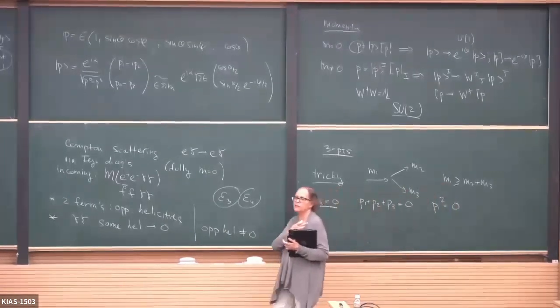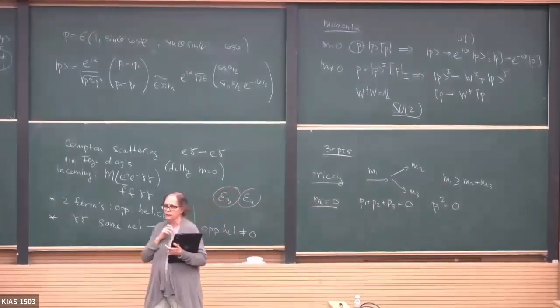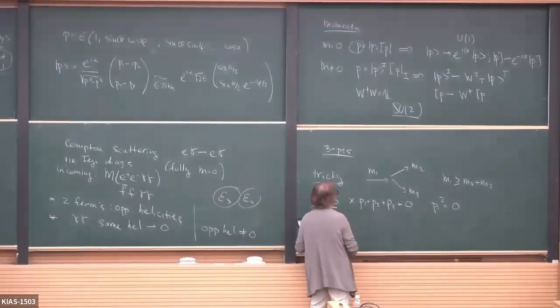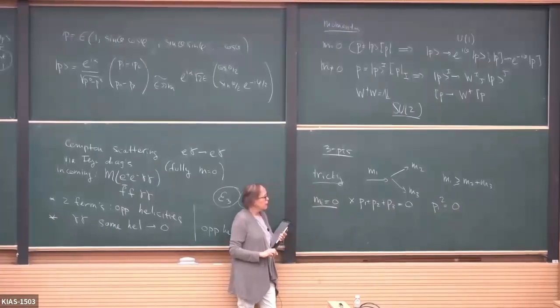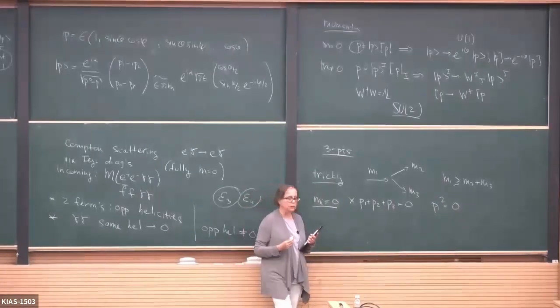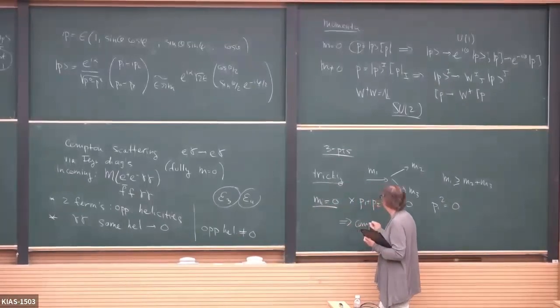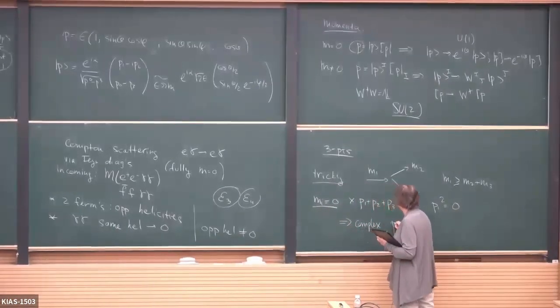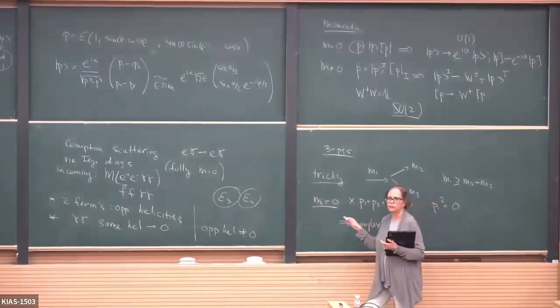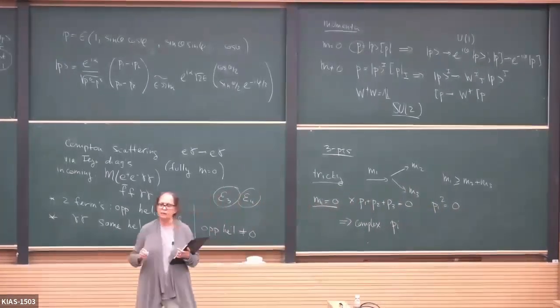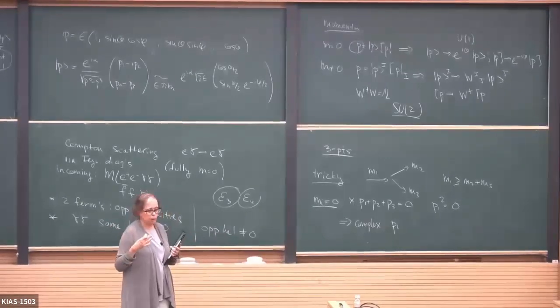If you've never seen this, you should convince yourself that this is really true. This doesn't work. So what's the solution? The solution is to go to complex momenta. If we go to complex momenta, we can satisfy all these equations. So this is why we will talk about complex momenta.